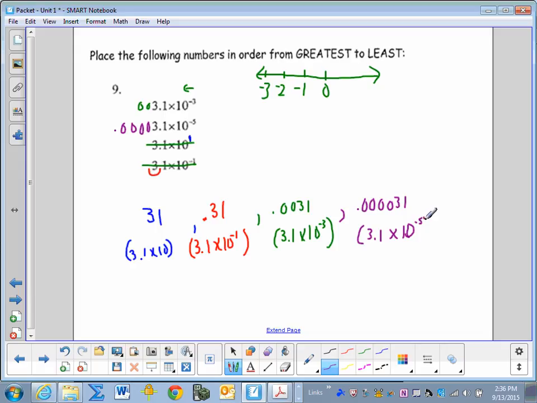The easiest way to do this one, since it was all 3.1 times 10 to the something, was to just compare the exponents. All we had to do was look at the exponents and list those greatest to least, and the corresponding numbers would also be greatest to least.